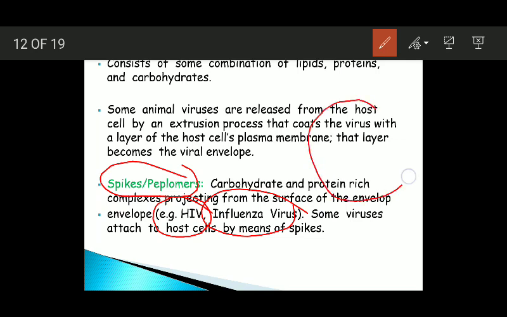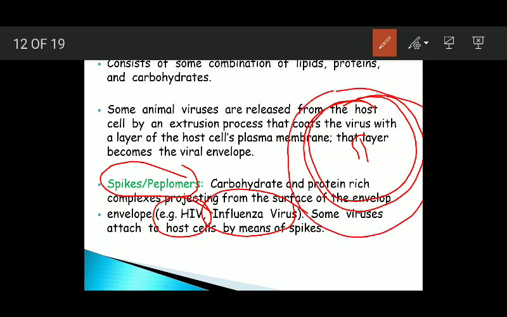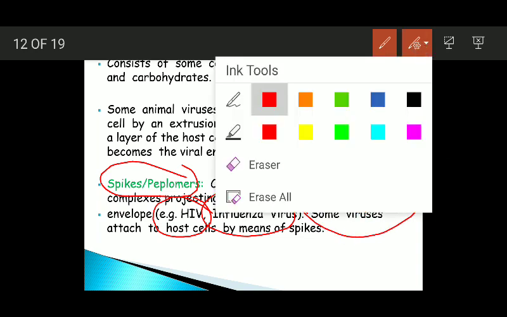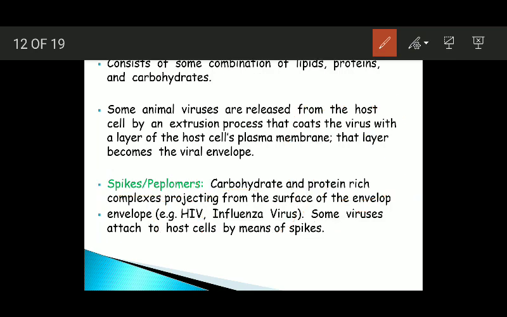Here you can see this is the genetic material inside. Then we have this capsid protein coat. In addition to the capsid, we have the envelope in the case of animal viruses. This is the genetic material, this is the capsid. Then we have the envelope, the outermost covering in the case of some animal viruses.